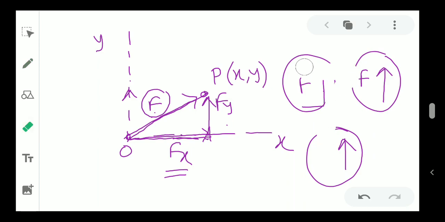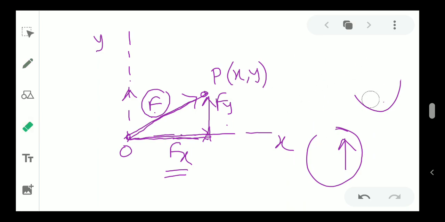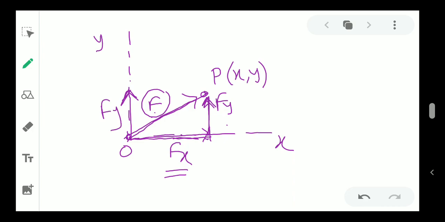In this way we can shift the vertical component of force from this point to this point. So this force F has two components: one is the vertical one, Fy, and one is the horizontal one, Fx.